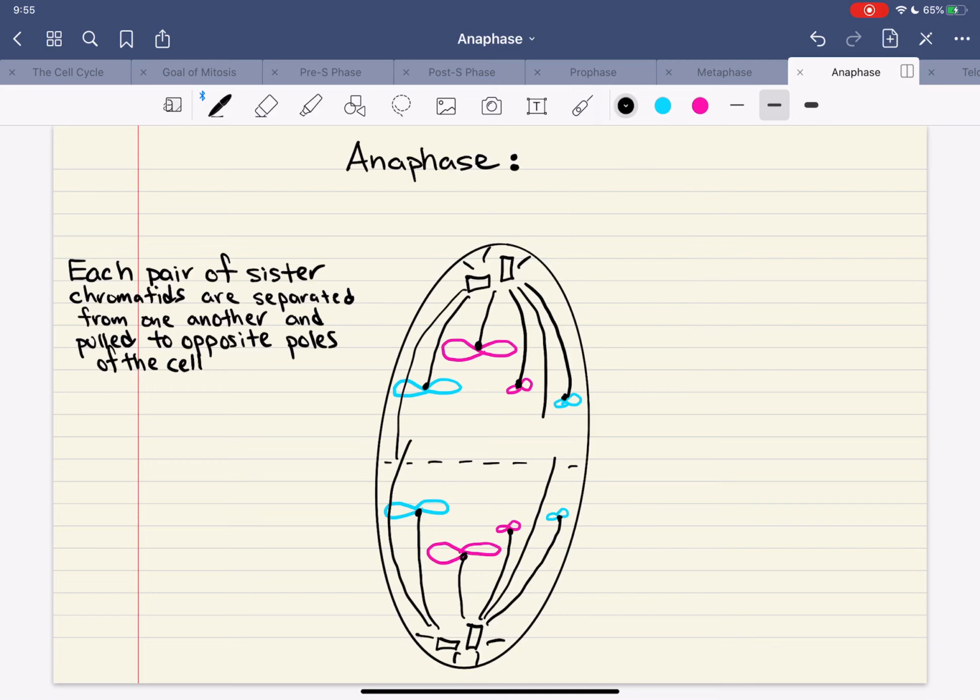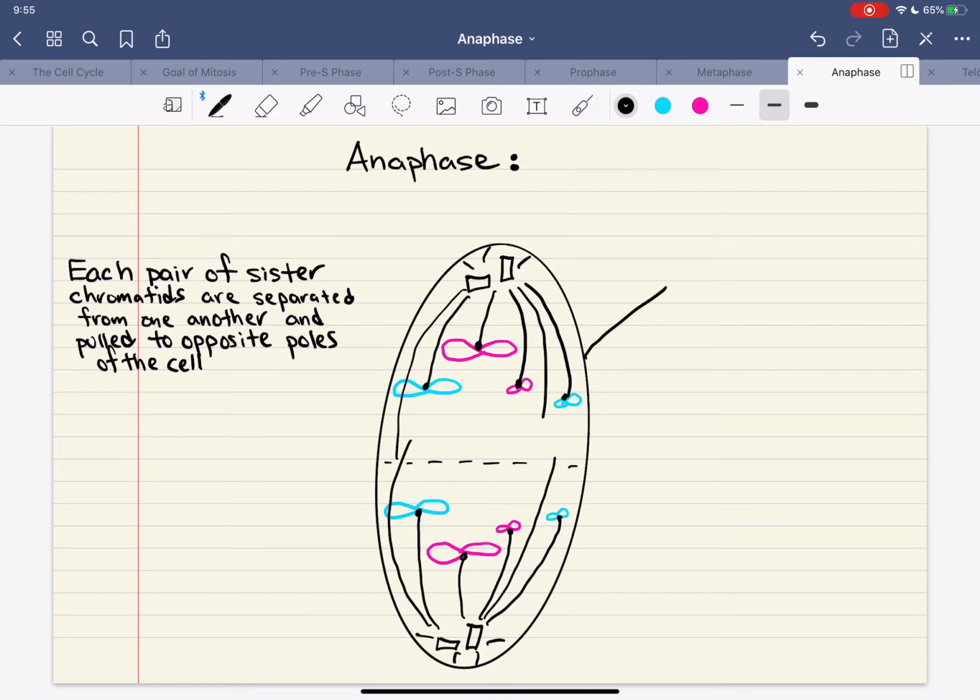So again, each pair of sister chromatids is separated from one another, and then they start to get pulled and reeled in back to opposite poles of the cell, and each opposite pole is going to start to give rise to a new daughter cell.